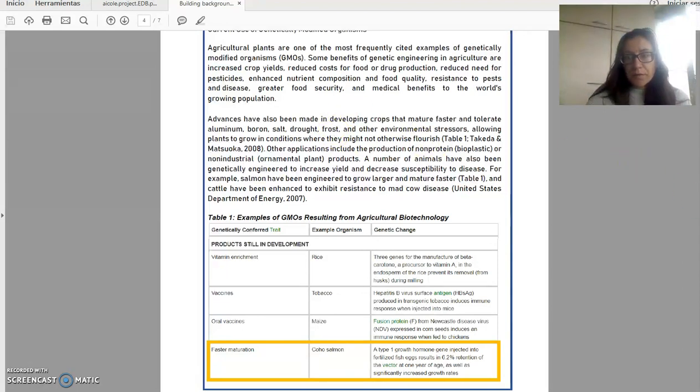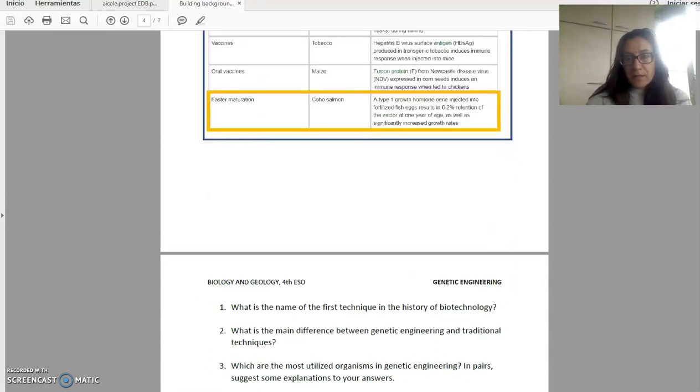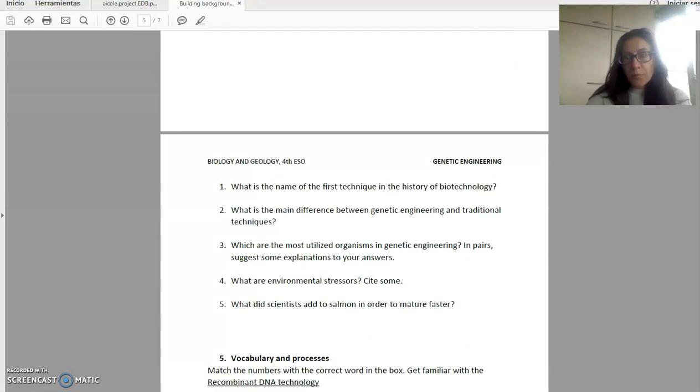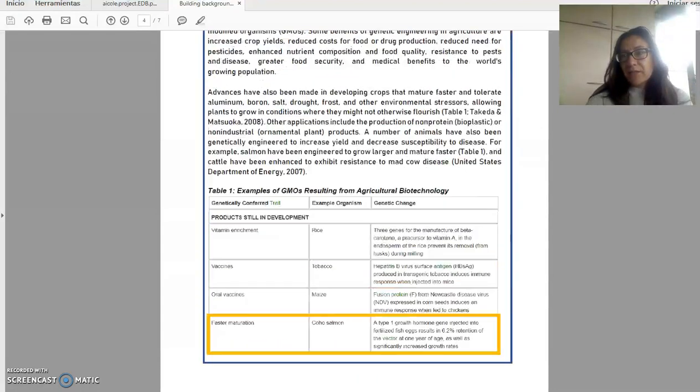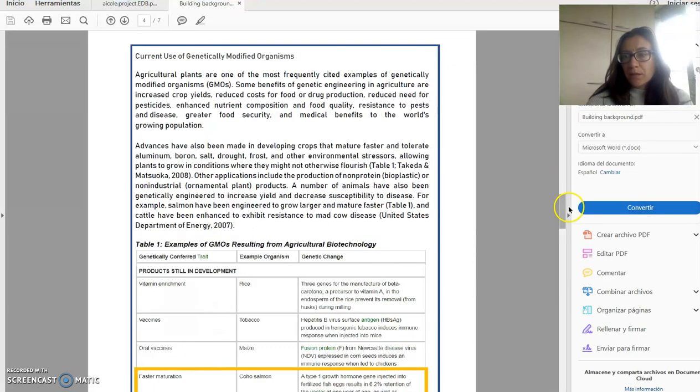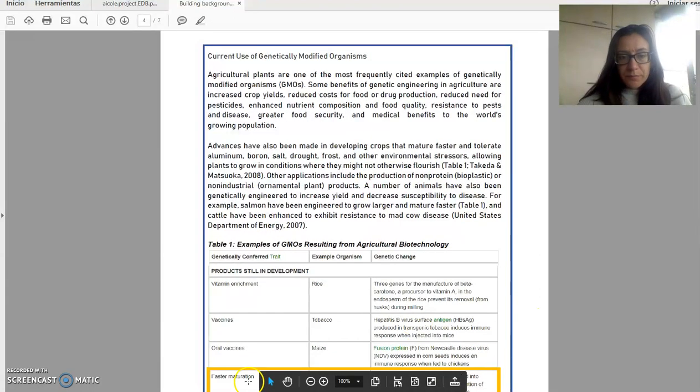And I say interpret because after that they have some questions here, which I think the knowledge behind them, these questions are just basic of this unit.